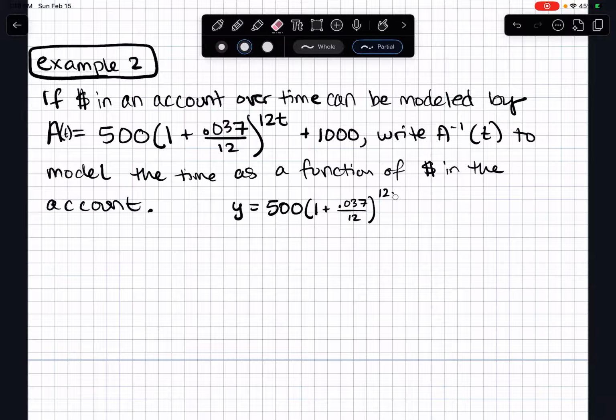And then to get my inverse function, I'm going to swap the x and the y. See if I can isolate y. Oh, I forgot the plus 1,000, plus 1,000. So I cannot use my log yet because I don't have base, power, argument. So I'm going to do what I need to do to get things in that form.